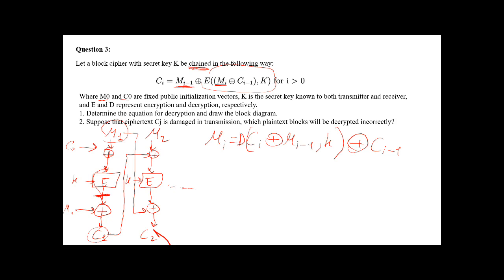So basically, if there is an error with the ciphertext output, we will not be able to correctly decrypt all the subsequent blocks, because we have a faulty output.